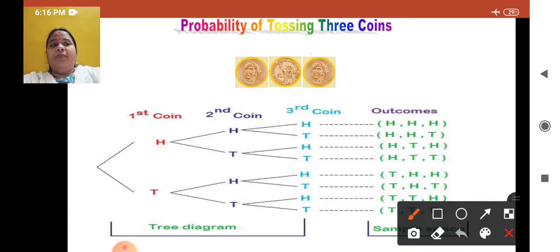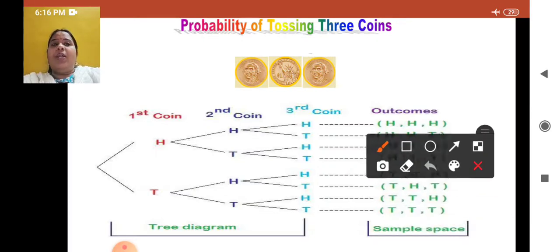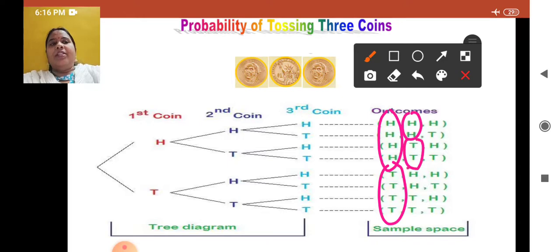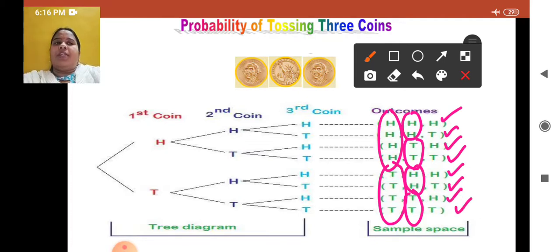What is that pattern? When you are writing the sample space vertically, you can write like this: 4 times H and 4 times T. Yes, and after that you can continue on the second coin. What you will write? HH TT, like this, HH TT, and on the third coin HT HT HT HT, like this you can write.